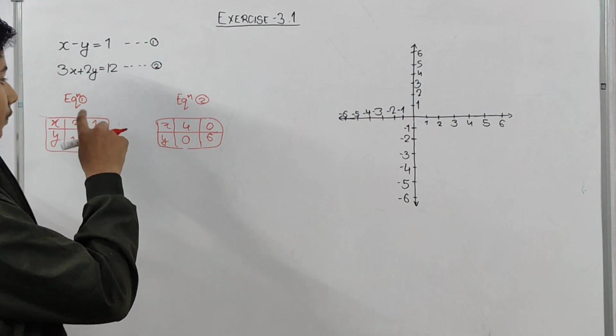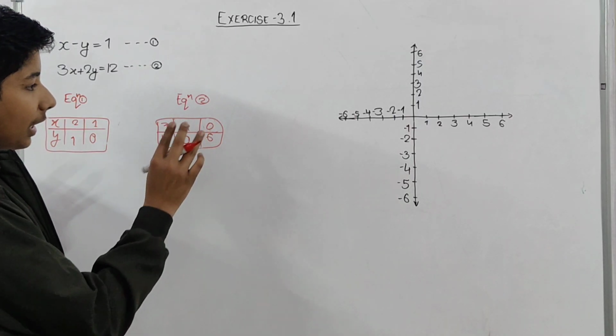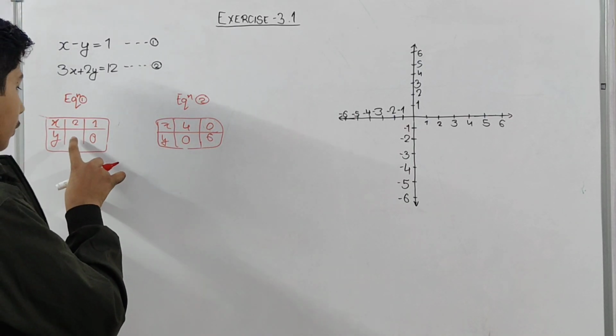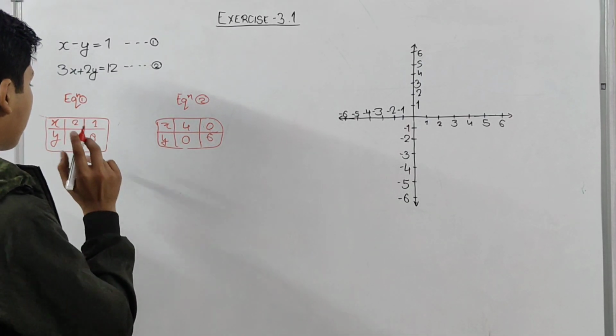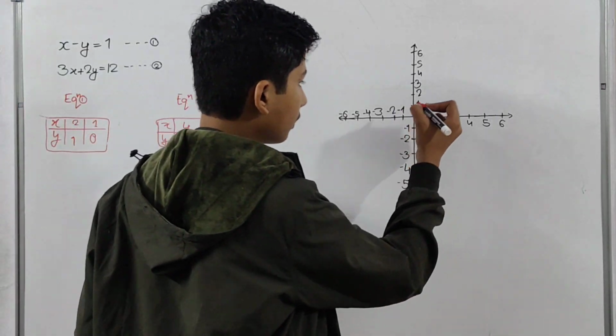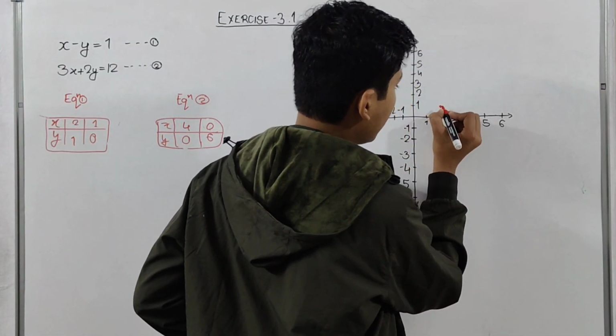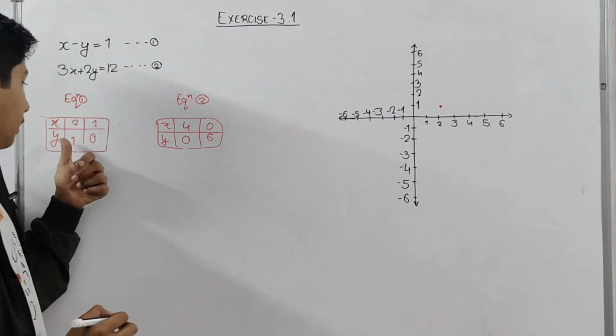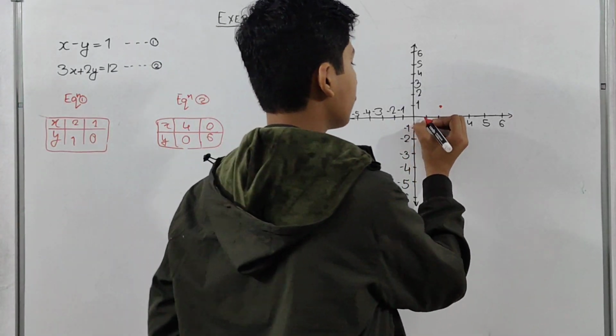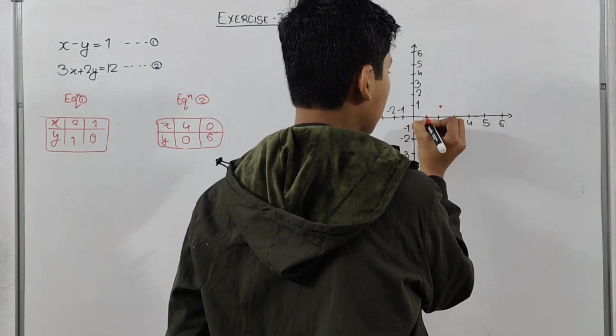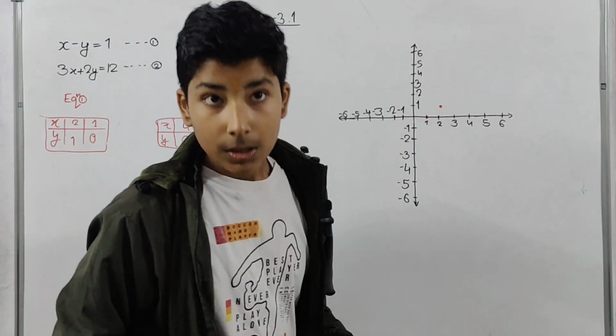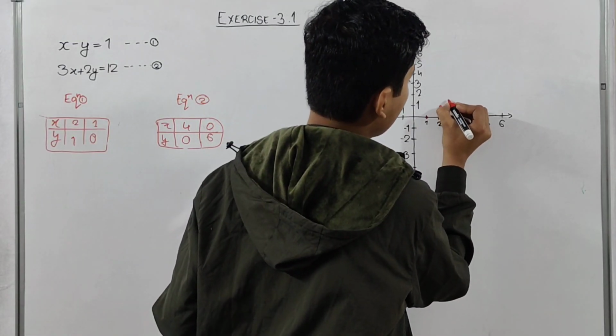Now when we make the lines, firstly we mark these points: 2 comma 1 over here, and 1 comma 0 over here. Now we make this line.